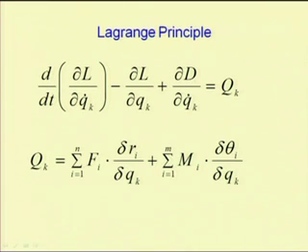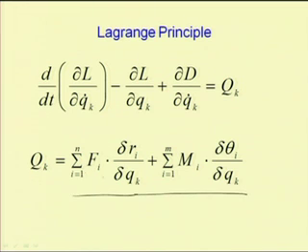Here D is the dissipation energy, L is the Lagrangian of the system, q k is the generalized coordinate, and capital Q k is the generalized force, which can be found using this expression.